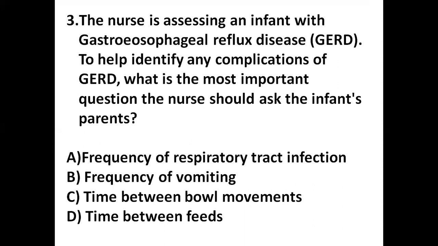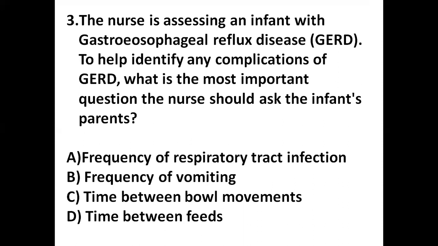The contents can go back and be aspirated into the lungs. Because of that, the infant will get frequent respiratory tract infections. We are assessing the complication. It's not about the bowel movement, that won't be affected.